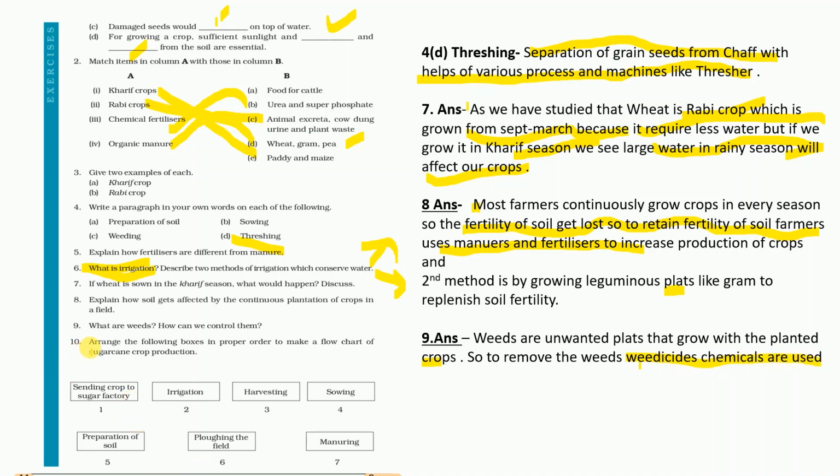And now the 10th question, arrange the following boxes in a proper order to make the flow chart of sugarcane production.